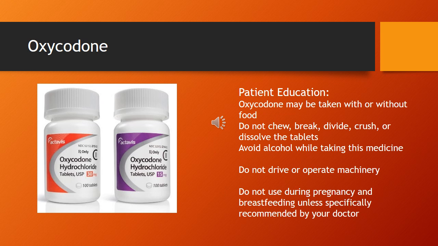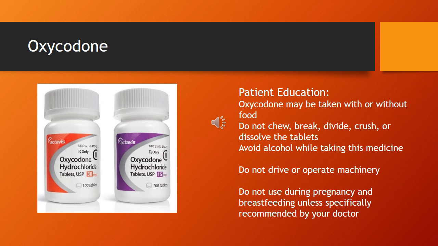In this next slide, we're still speaking about oxycodone. On the slide you'll see we're talking about patient education. So these are important factors that the patients need to know when utilizing this type of medication.